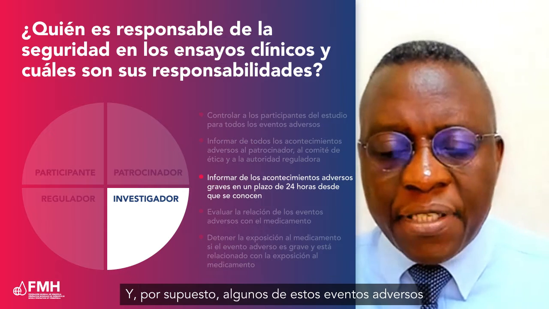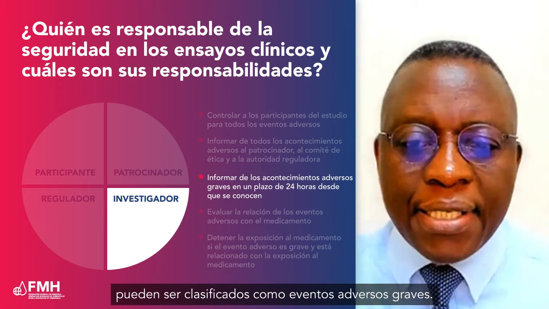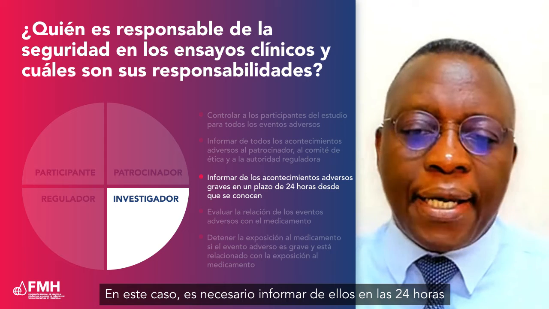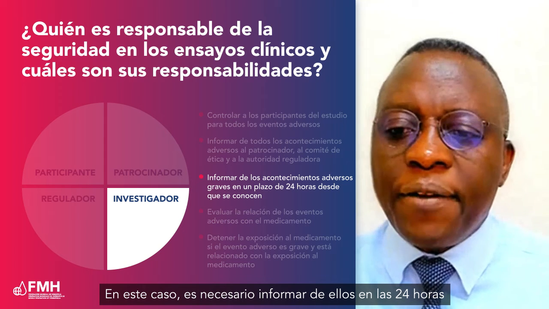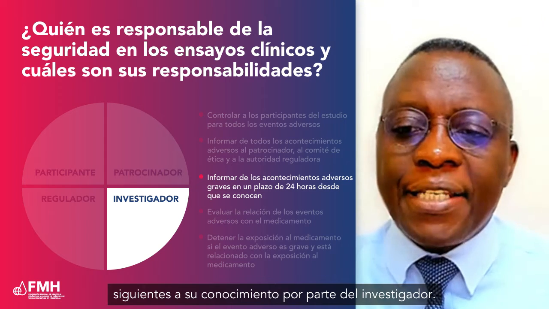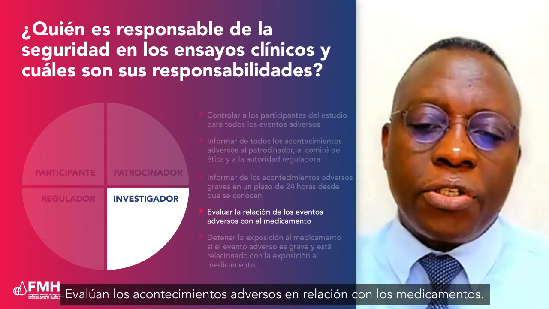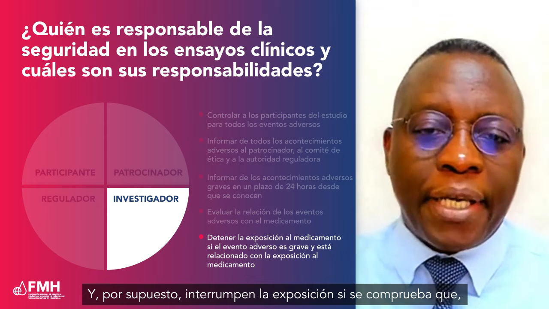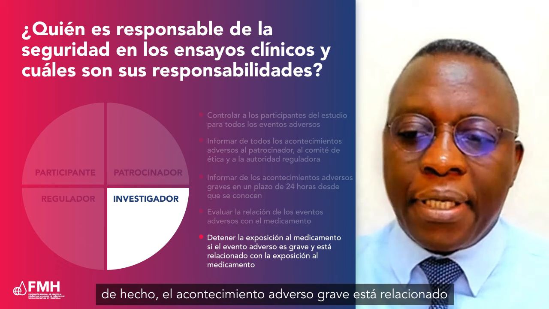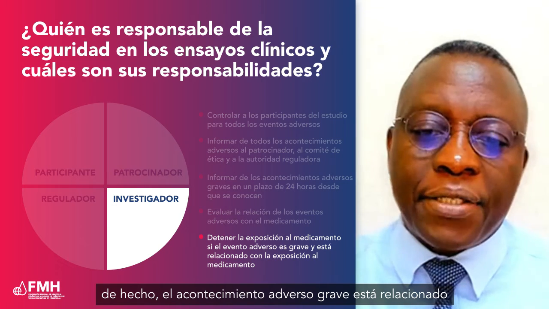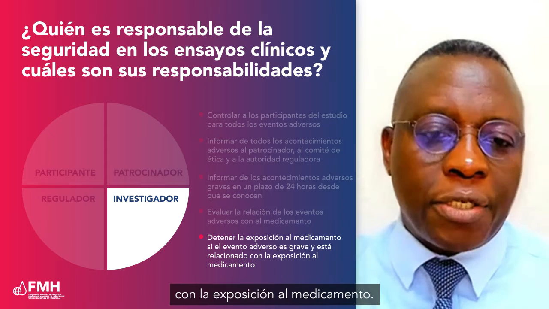And of course, some of these adverse events may be classified as serious adverse events, in which case these need to be reported within 24 hours of the investigator knowing about them. They evaluate the adverse events in relation to the drug, and of course, they stop the exposure if it is found that, in fact, the serious adverse event is related to the exposure to the drug.